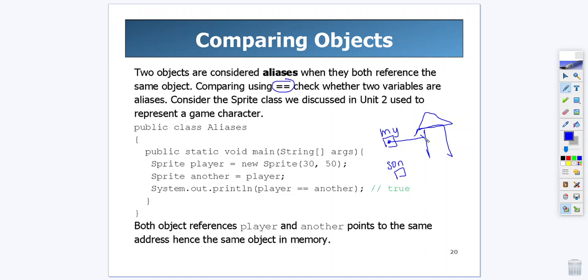Well, my address is talking about this house, and my son's address is talking about this house. And so if I'm comparing my address to my son's, this would be true because we have the same address. So this is actually checking to see if two different variables are pointing to the same object, if their addresses are the same.